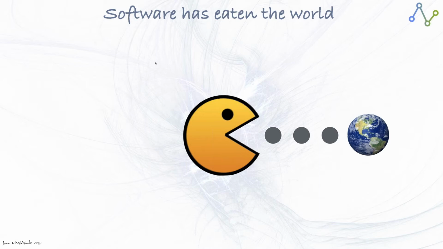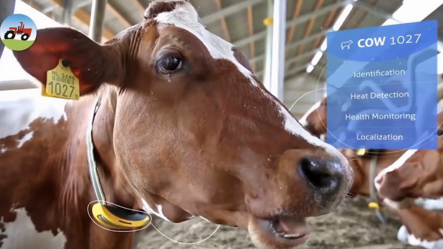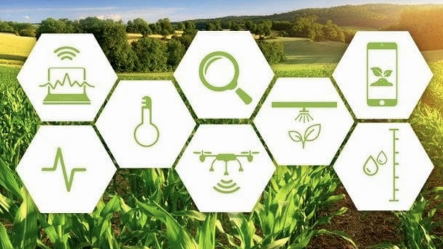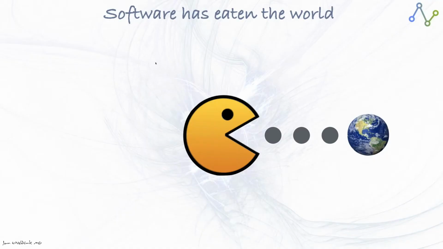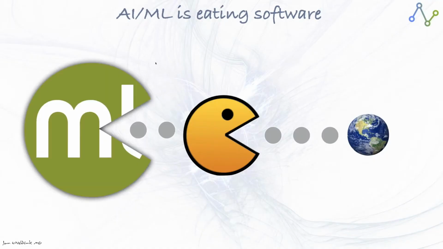If you look at farming, if you want to make a decision upon your cows and the needs they have, the way how to provide the best milk, then you need data. If you want your crops to grow, you need more data. But that data will form your software, and not anymore the engineers that create software for you.